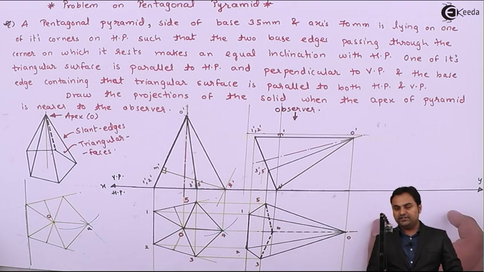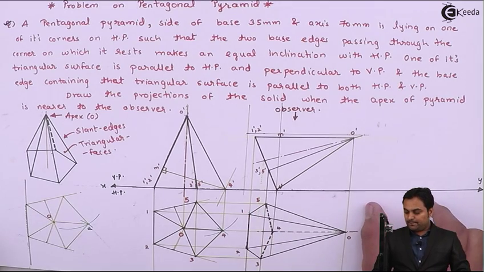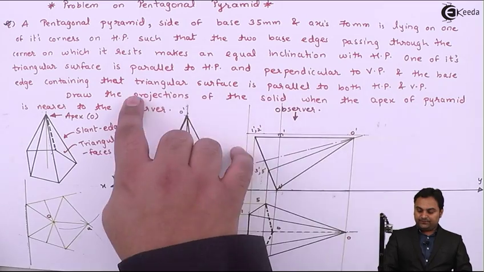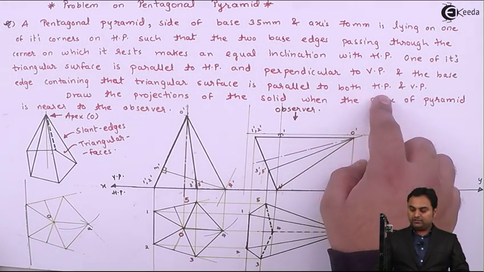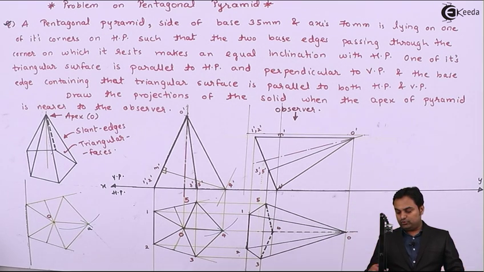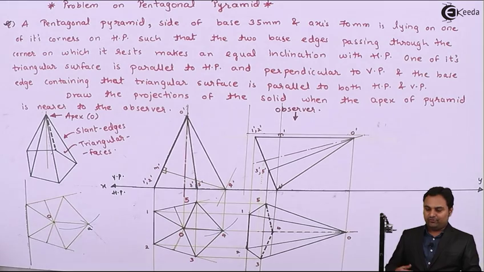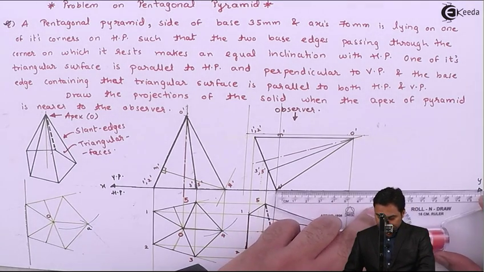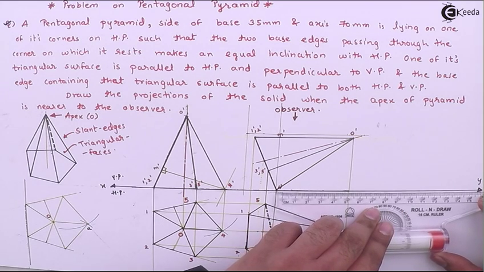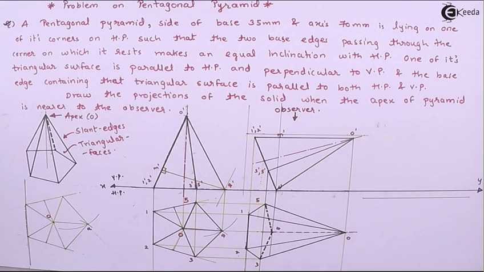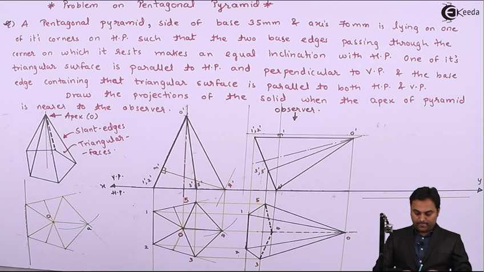Now I'll use the second condition and make this base edge parallel to VP, because it is given that the base edge containing this triangular face is parallel to both HP and VP. So if I have to make it parallel to VP, I have to draw a line perpendicular to XY. So it will be seen in the top view. Drawing a light line, and that edge is 1 to 2.